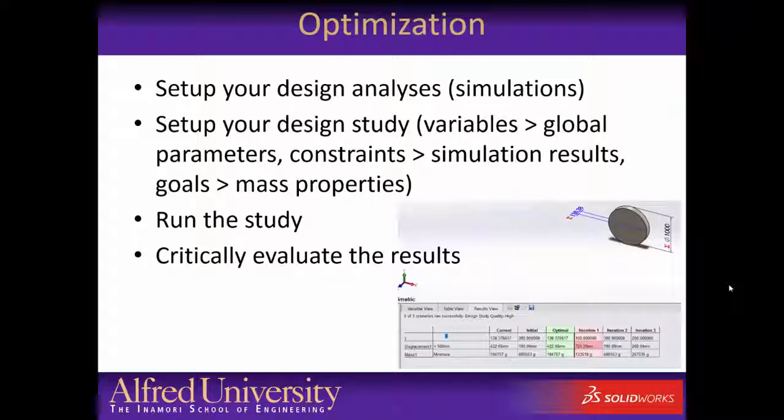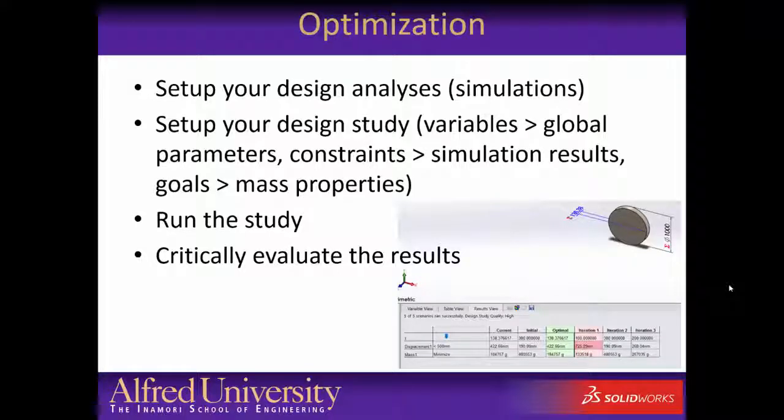Once this design study has been properly set up, SOLIDWORKS will do most of the heavy lifting for you. When you run the study, SOLIDWORKS will go back to the model, change any variables that you've asked it to change, and rerun the simulation.